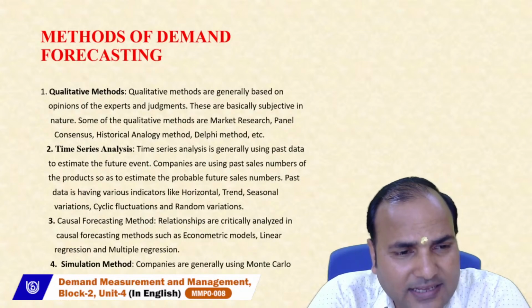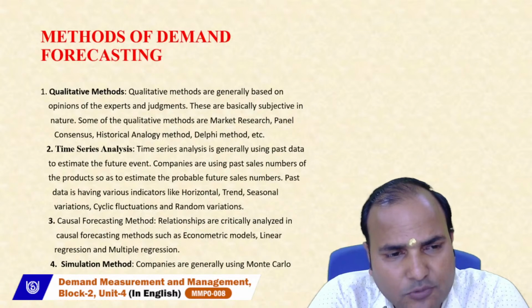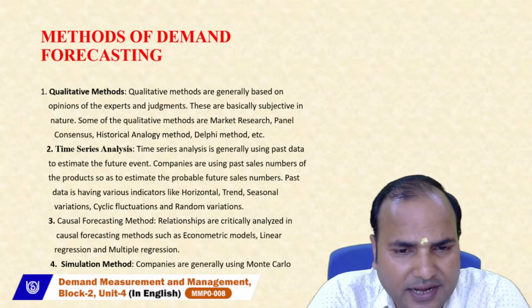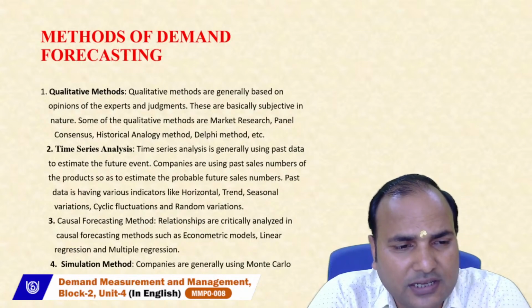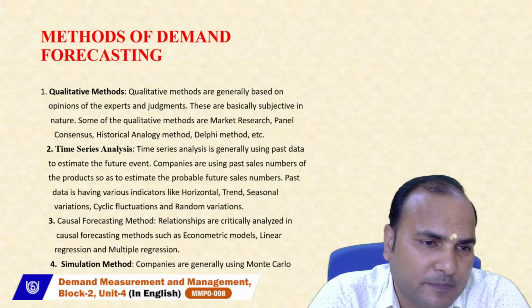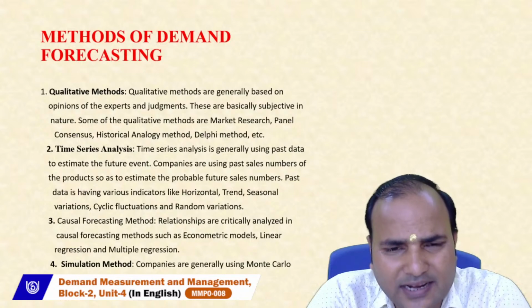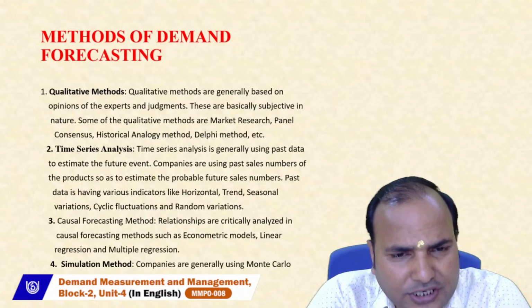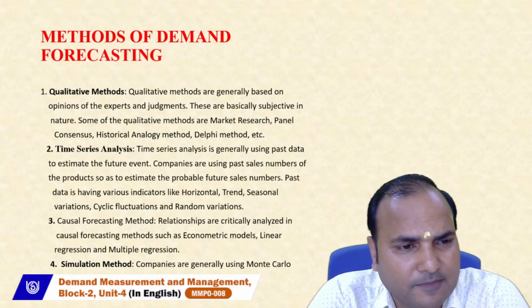And past data has various indicators like horizontal indicators, trend indicators, seasonal variation indicators, cyclical fluctuation indicators, random variation indicators. All this information is considered in time series analysis.